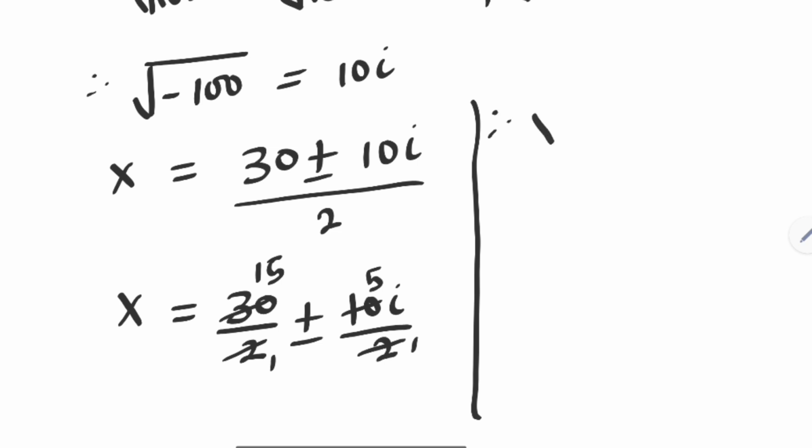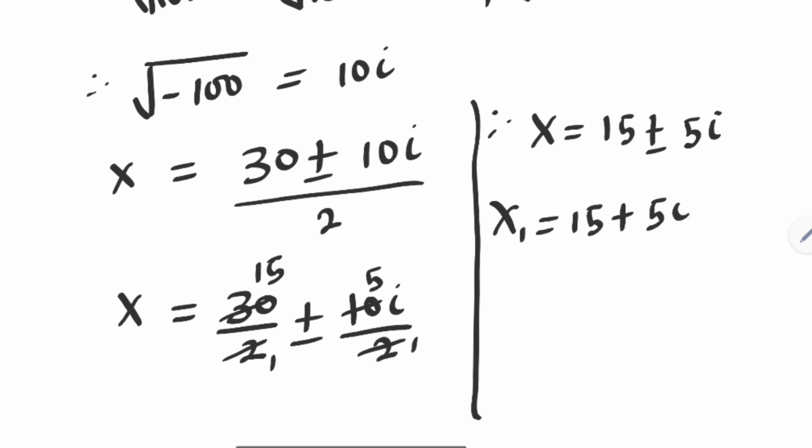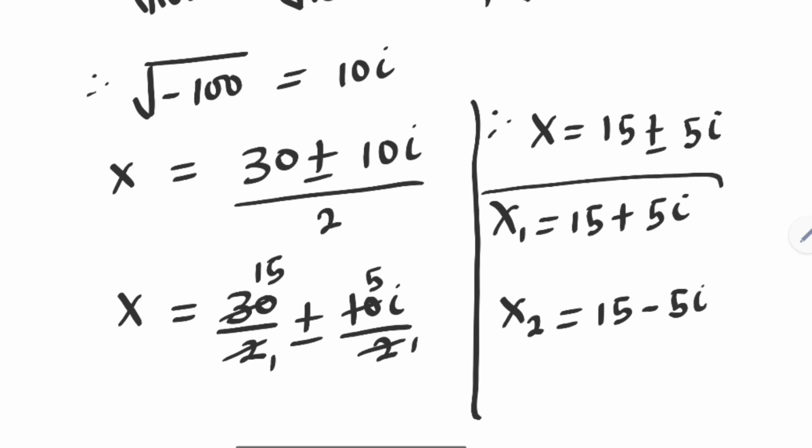Therefore, x is equal to 15 plus or minus 5i. x1 is equal to 15 plus 5i. Then x2 is equal to 15 minus 5i. These are the values of x.